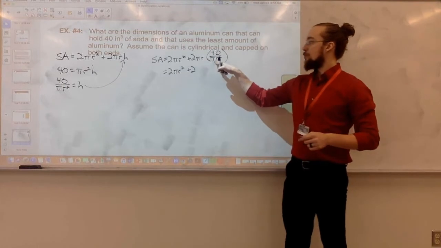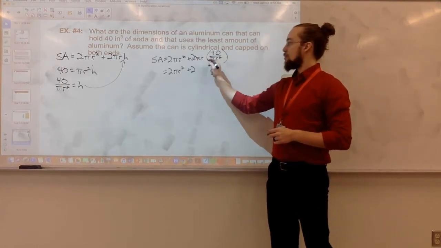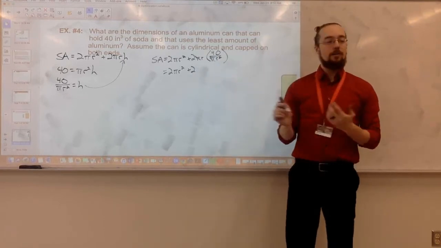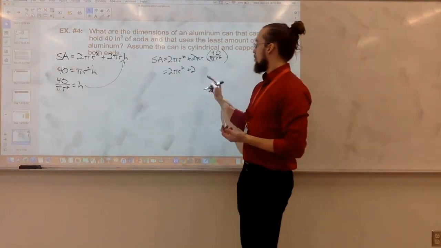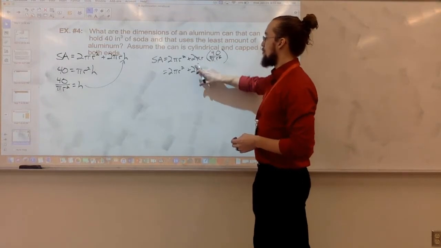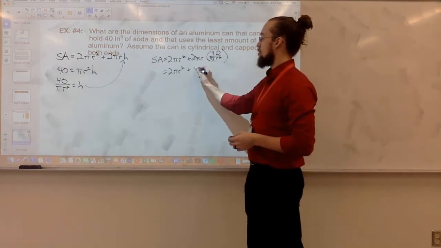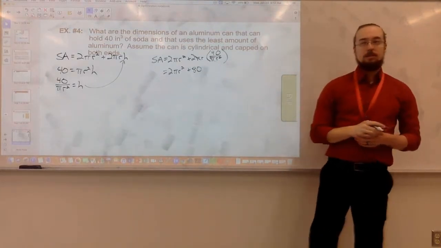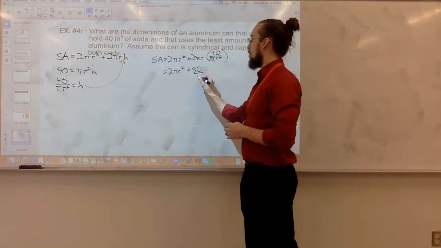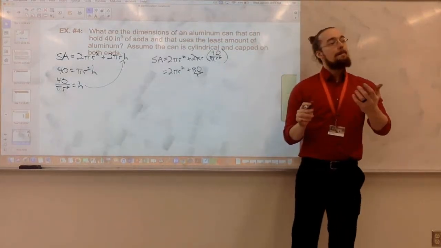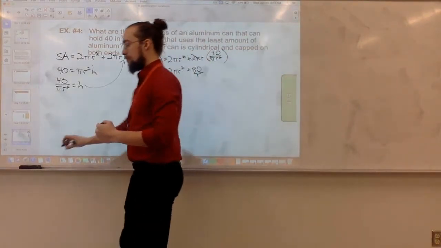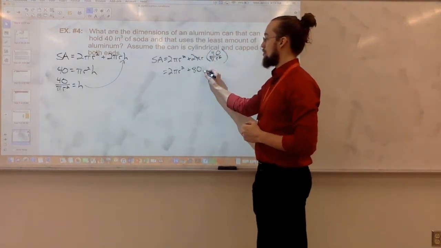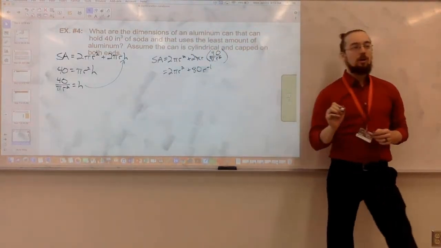Now I've got a pi in the numerator and a pi in the denominator, right? Those will cancel. And then I've got an r in the numerator and an r squared in the denominator. So I will just end up with 2 times 40, which I'll go ahead and make 80, and then r over r squared, which would just leave me with an r in the denominator. But since we're going to take the derivative of this, I'm going to write this as r to the negative first instead of over r.